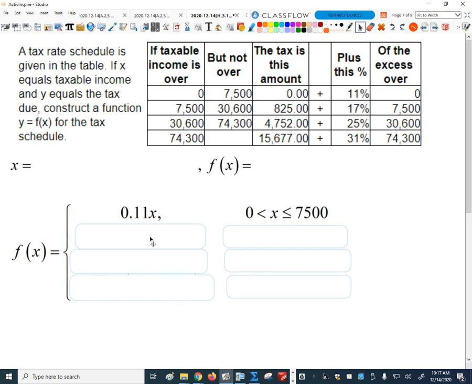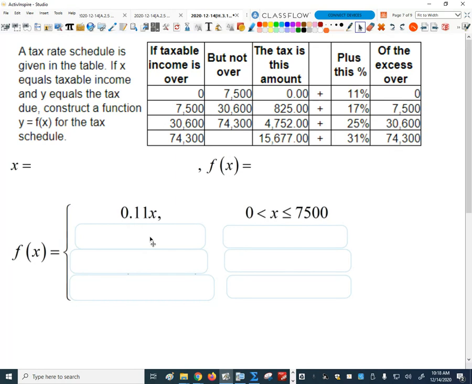So wait for the first box? Right. So for the equation, wouldn't it just be 0.17x? Okay, but it's not just X because you're not paying on your entire income. You're only paying on the part of your income over 7,500. See, that's the tricky part, isn't it?